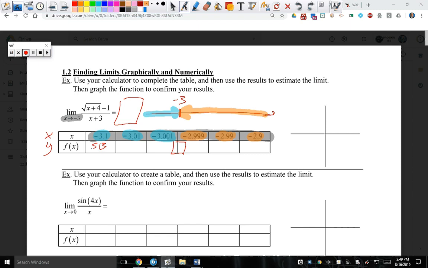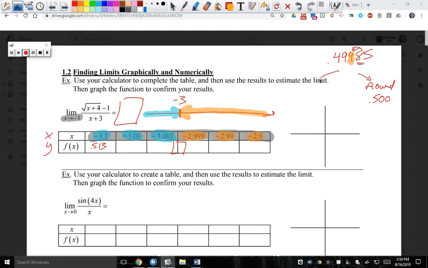Rounding means this. If I have 0.4998 and I'm rounding to 3 decimal places, what would I round that to? 0.500, because this 8 right here made this 9 round up.